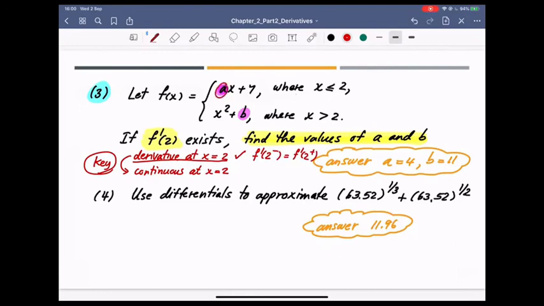But you have two unknowns, right? One equation is not enough. You need another equation, and it's gonna come from the continuity property, because differentiable implies continuity. So that means the function is also continuous. So you can also use the limit of f(x) as x goes to 2 from the left, equal to the limit of f(x) as x goes to 2 from the right.